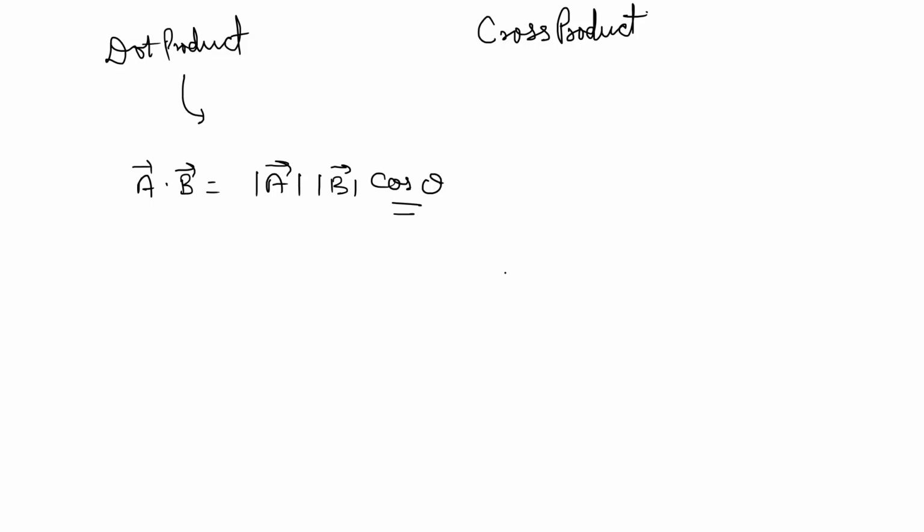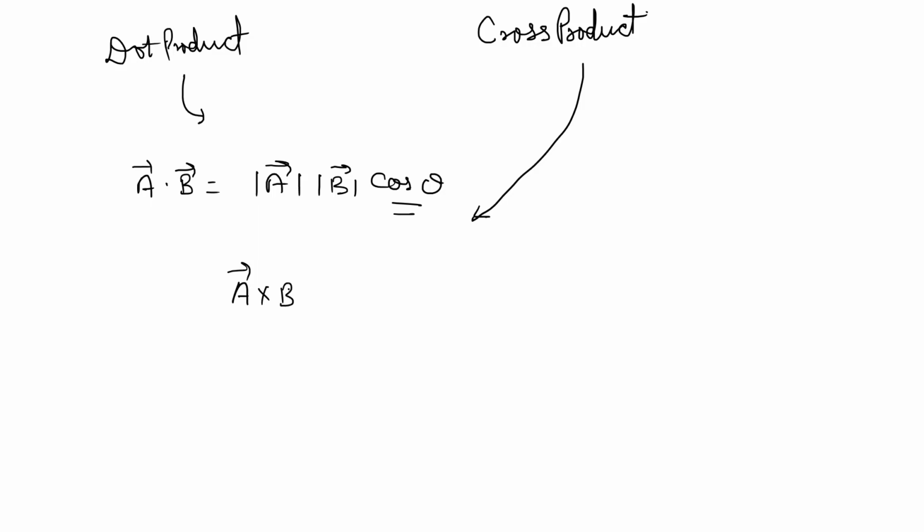There are so many physical quantities that follow a dot product, like work done and power, because it gives a scalar physical quantity.